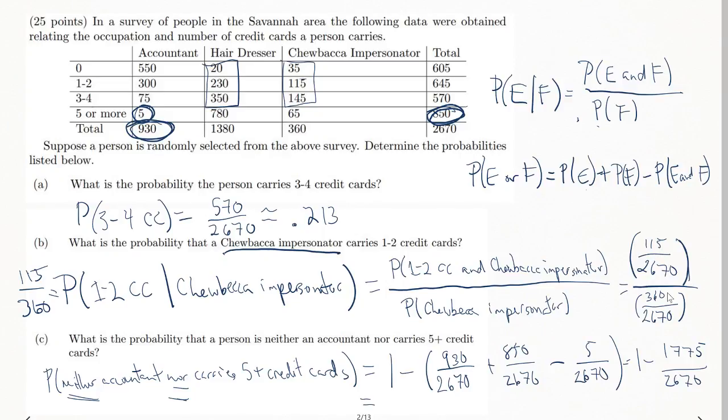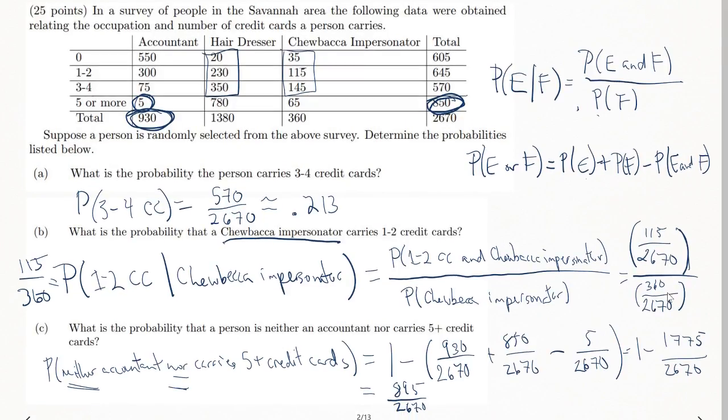If you can't see it, let me know. So this becomes 895 over 2,670. Hopefully you can see it now. And when we convert this to a decimal, you should have approximately 0.335 as your final answer.